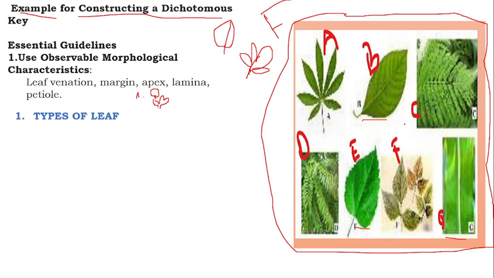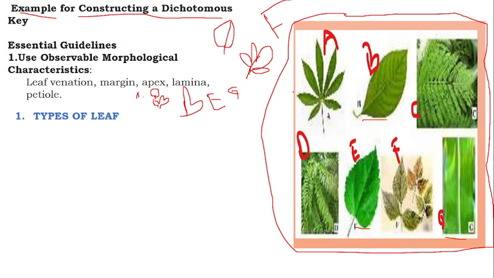Only one lamina means B, E, and G, they are simple rifts. They have the one lamina, so they are simple rifts. I hope you're understanding what a simple rift is. Now the remaining ones are compound rifts.